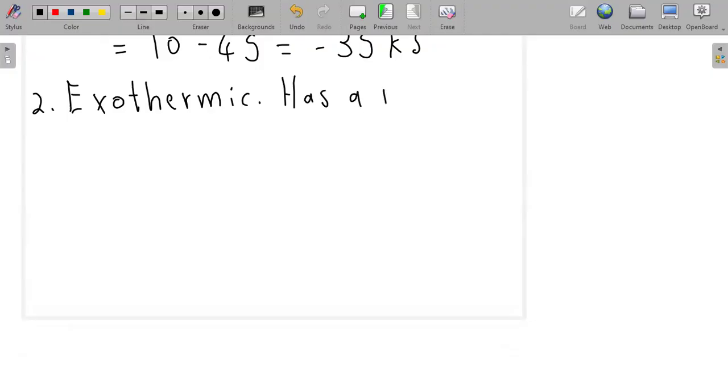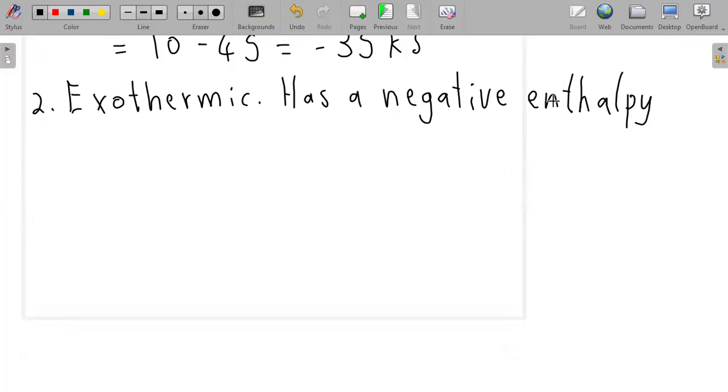As it has a negative enthalpy change. That is why we say it is exothermic.